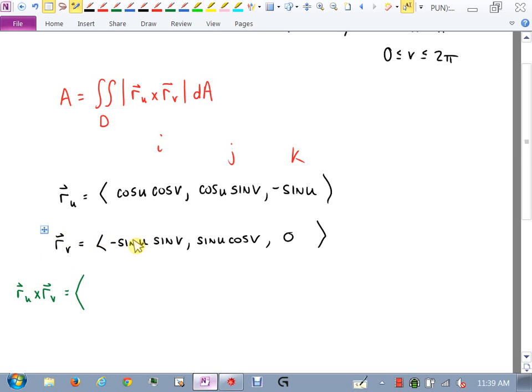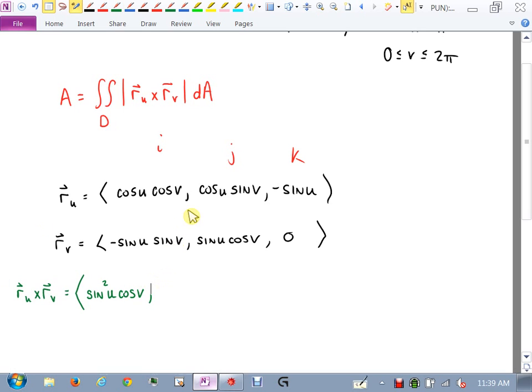The first component is cover up the i and do your little determinant here. So what do you get? 0, take away a negative, so add what? Sine squared u cosine v.